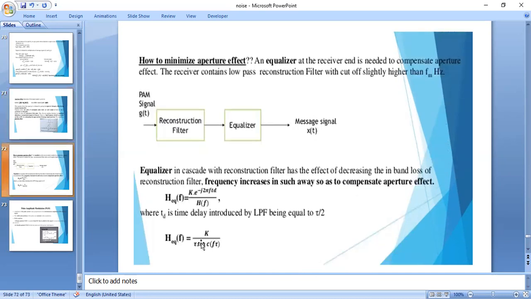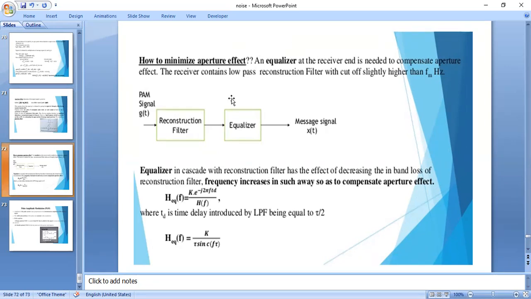So how can we minimize that aperture effect? We have to use a reconstruction filter for the compensation, and you have to use an equalizer at the receiver end to compensate the aperture effect.